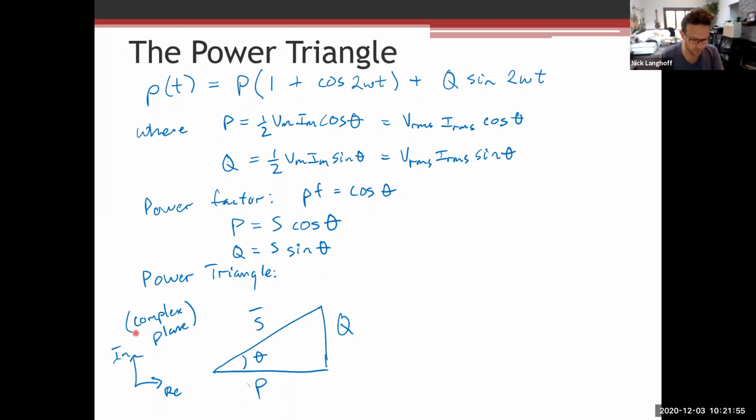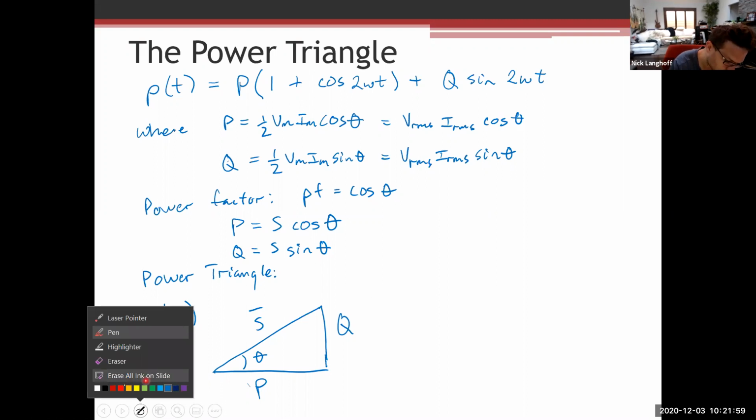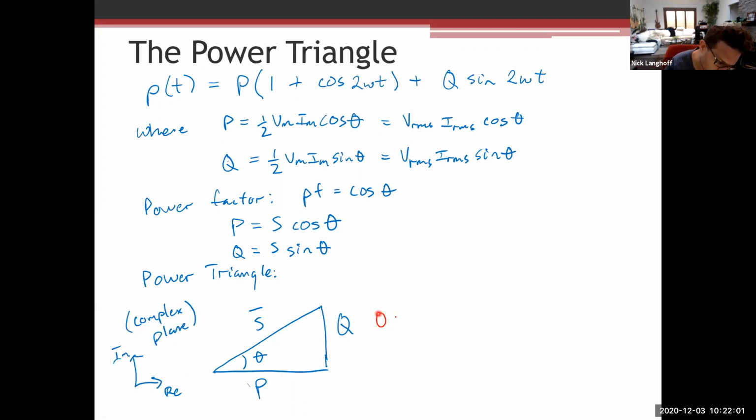Q is the reactive power. We've sort of seen that already. S is the complex power.